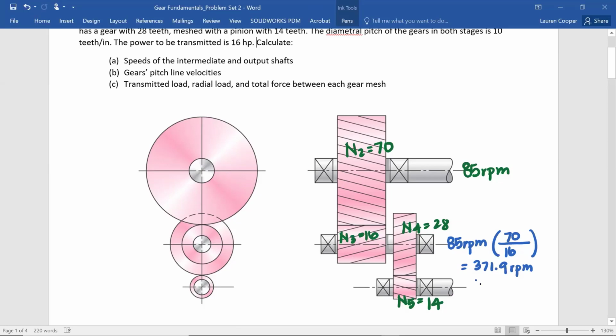And then we're just going to multiply that by 28 over 14 to get the output speed. So 743.8 RPM. So this is the speed of the counter shaft. This is the speed of the output shaft.